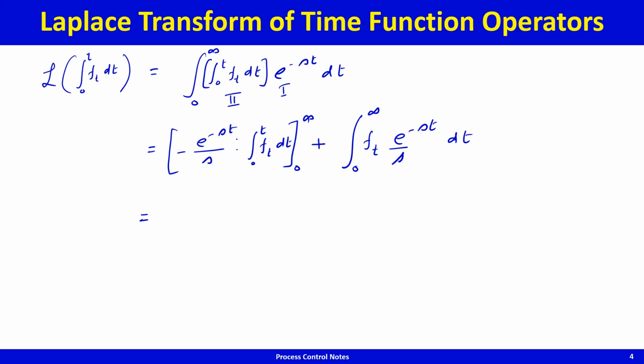At t equal to 0, integral from 0 to 0 is going to be 0. And therefore what we get is 1 by s times F of s.